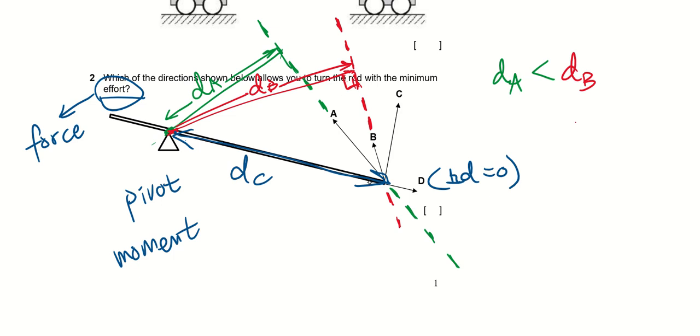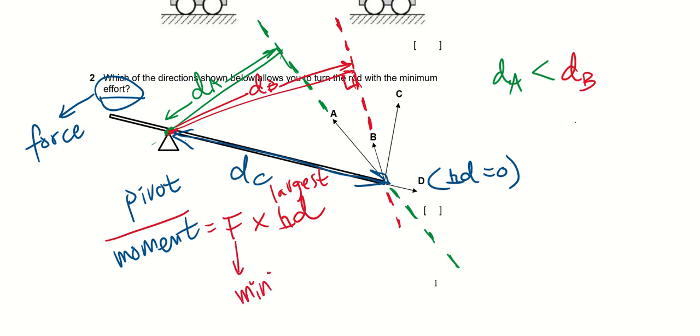Now recall, moment equals force times perpendicular distance. So if, to turn this rod, I just need a constant moment, I can, by having the largest perpendicular distance, have the minimum force, right?